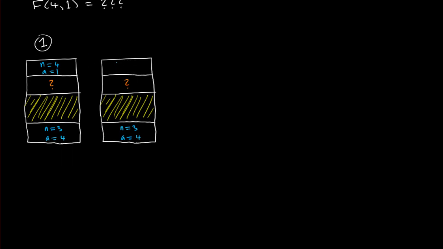So we have n equal to 3, a equal to 4. We keep that question mark because we don't know, and then again we just put in our outputs. We have n equals 2 because 3 minus 1 is 2, and a becomes 3 times 4, which is 12, okay? And this is the second stage here.